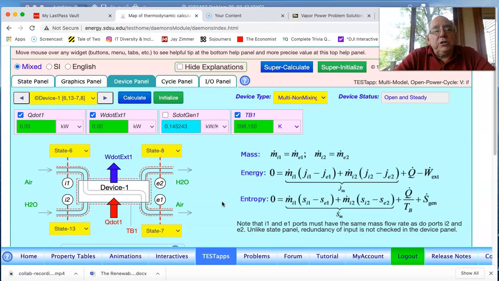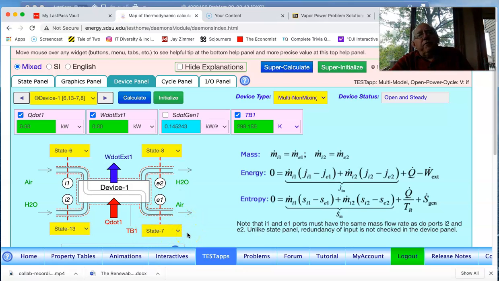What we know about that closed heat exchanger is the air coming in at state 6 flows through and comes out at state 7. In state 7, we knew the temperature of the air. State 6 is what we knew the temperature coming out of the gas turbine. And so that's the one stream, and that's at 1 kilogram per second.